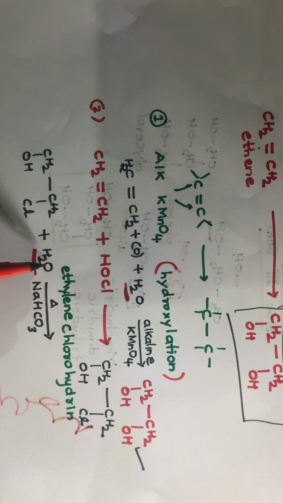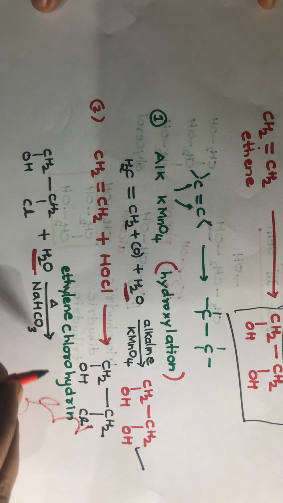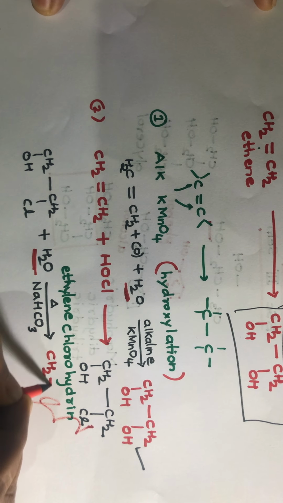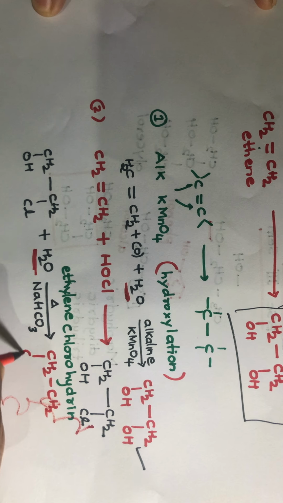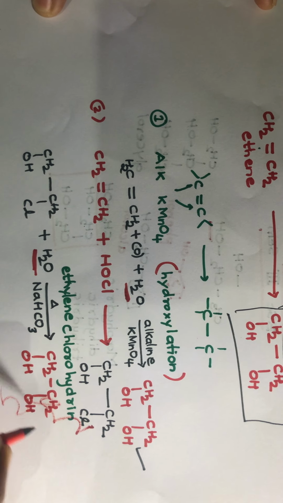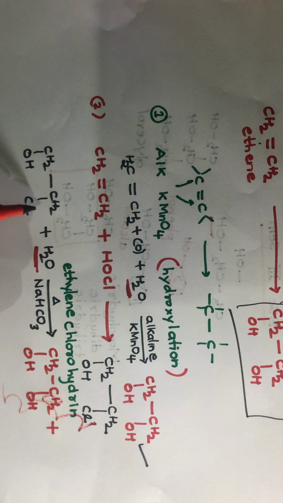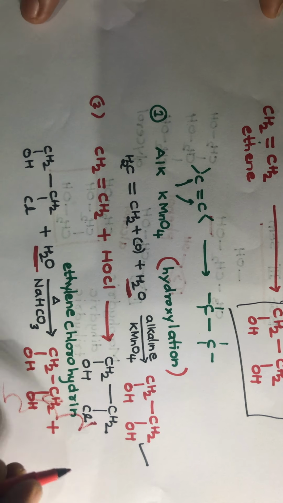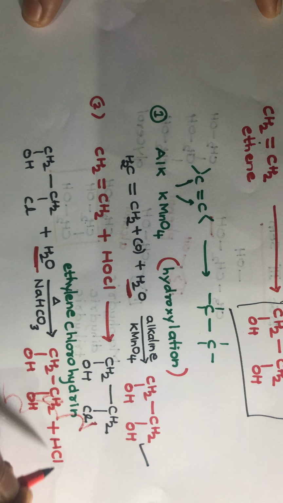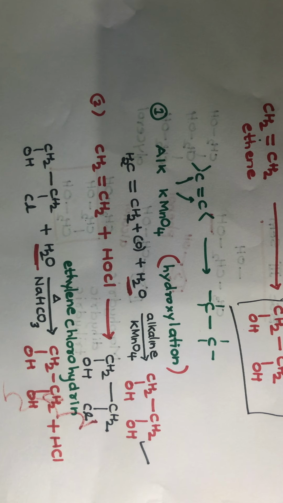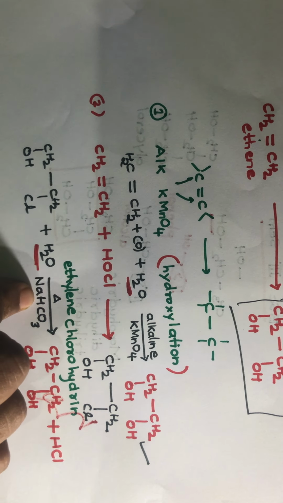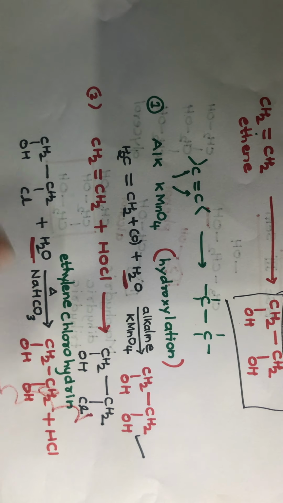Water can be considered as a source of OH. The whole water molecule adds up, and then the hydrogen proton gets released. So OH replaces this Cl, and you get this compound, CH2OH CH2OH. The Cl that has been released combines with the H plus and forms HCl. Whatever HCl is released gets neutralized by the sodium bicarbonate solution.